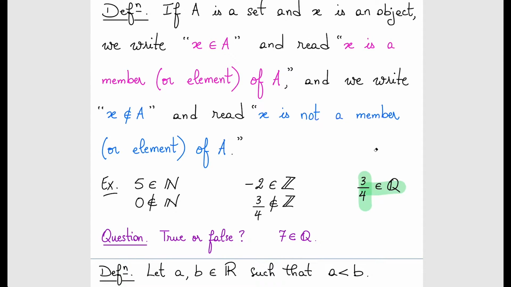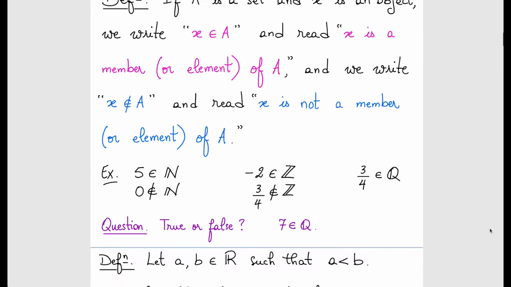Very good. Now here's a question to you, and we'll discuss it during our class time. Is it correct or false, this writing, 7 is in Q? Just think about it.